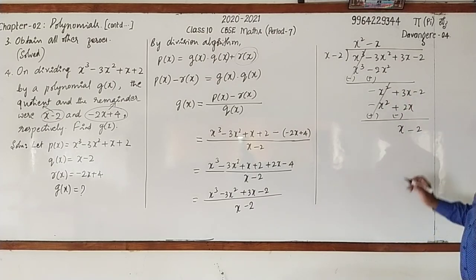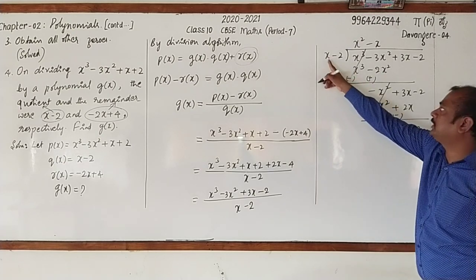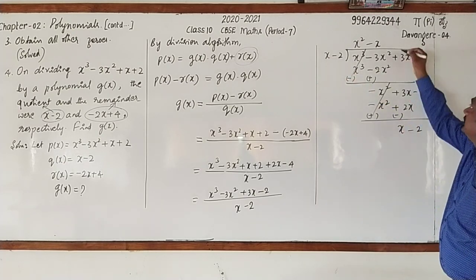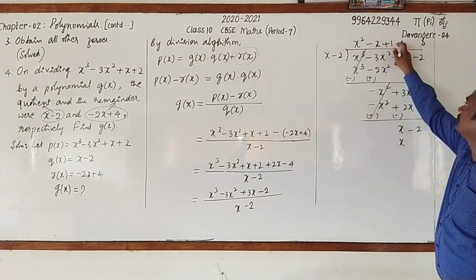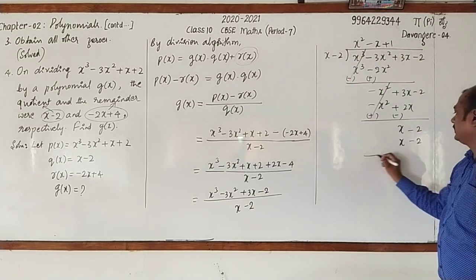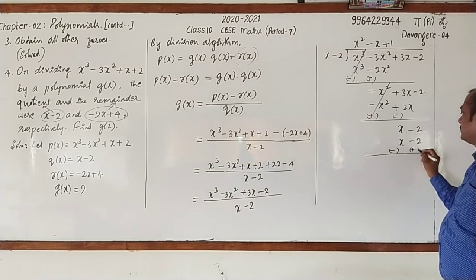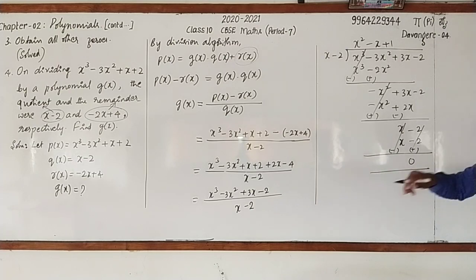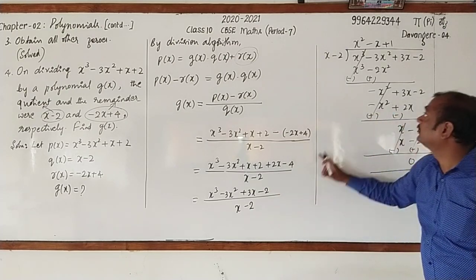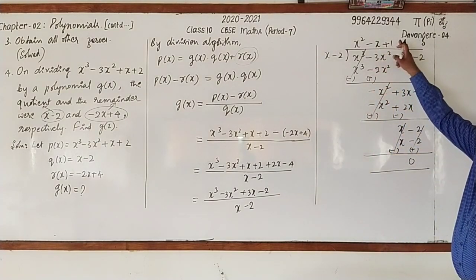Carry down minus 2. What should be multiplied with x to get this x? It is 1. 1 into x, 1x, 1 into minus 2, this is minus 2, change the sign, minus, plus, both get cancelled. What is the remainder? 0. Then, what is the quotient of this? X square minus x plus 1.